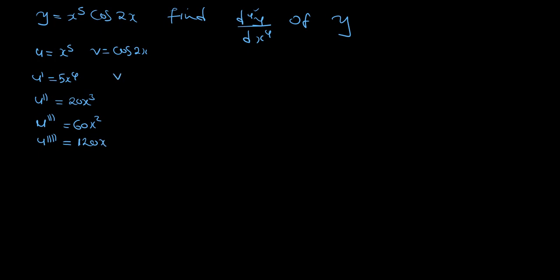So let me teach you one trick for differentiating these. Cos lies on the x-axis, and sine lies on the y-axis. So you have positive sine, negative cos, negative sine, and positive cos.